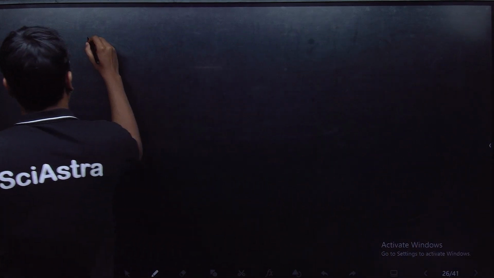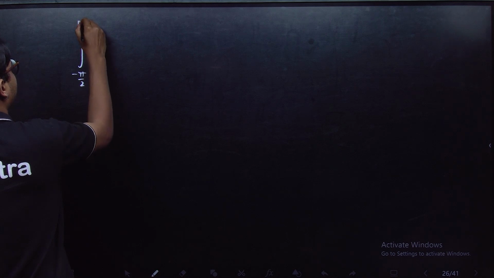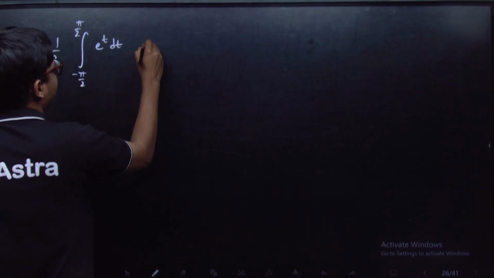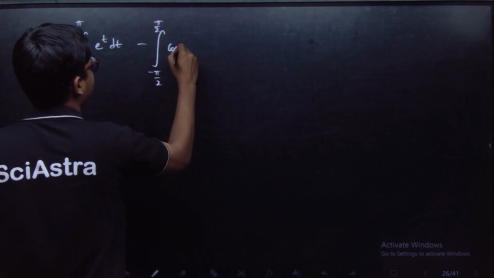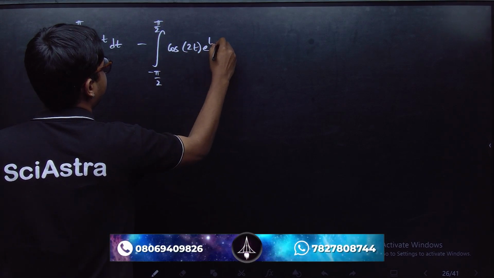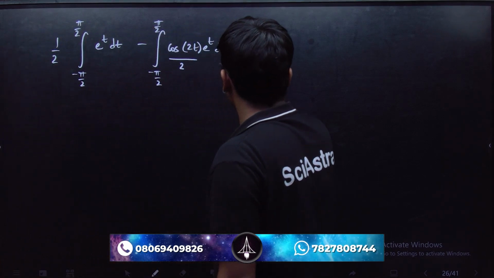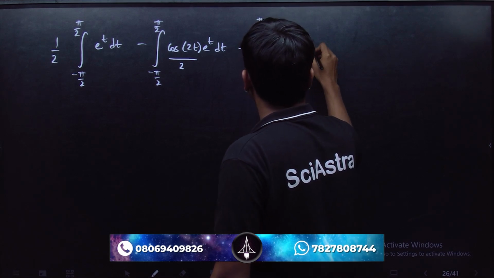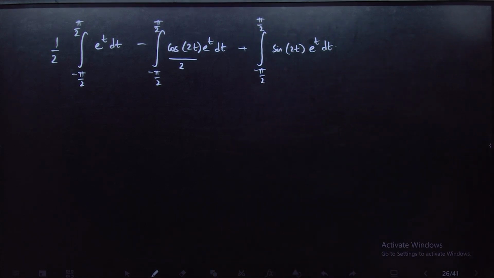So we can write this as the integral from minus pi by 2 to pi by 2 of e to the power t dt divided by 2, so bring that half outside, minus the integral from minus pi by 2 to plus pi by 2 of cos 2t e to the power t dt, there'll be a divided by 2, plus the integral from minus pi by 2 to pi by 2 of sine 2t e to the power t dt, right? Okay, fine.